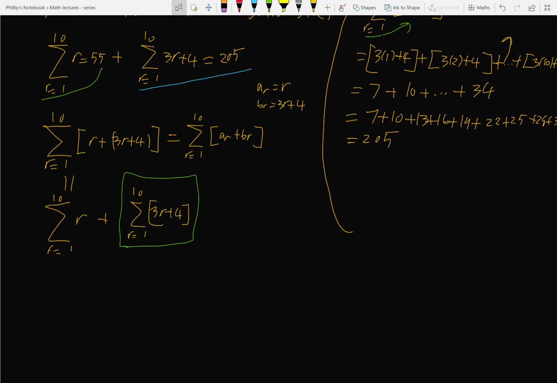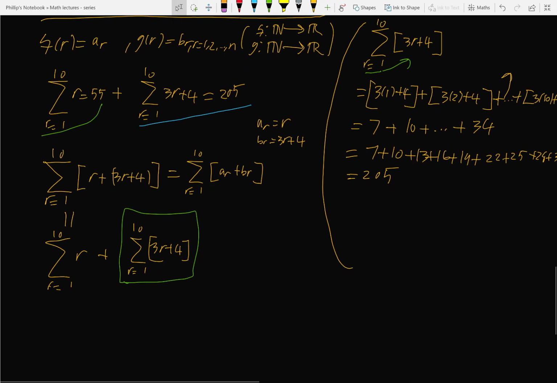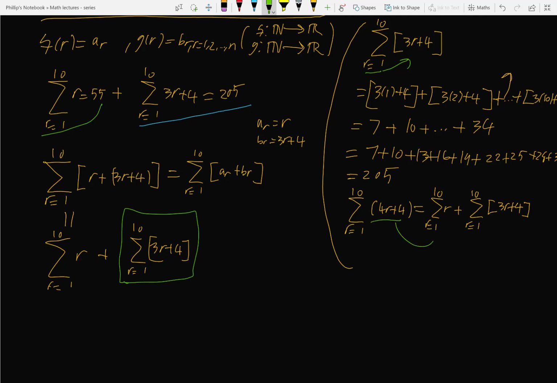and if you add both of these together, so if you also do the sum from r equals 1 to 10 of r plus 3r plus 4, that's going to be equal to the sum from r equals 1 to 10 of r plus the sum from r equals 1 to 10 of 3r plus 4, because this here is equal to this plus this, so r plus 3r plus 4, which is equal to 4r plus 4.